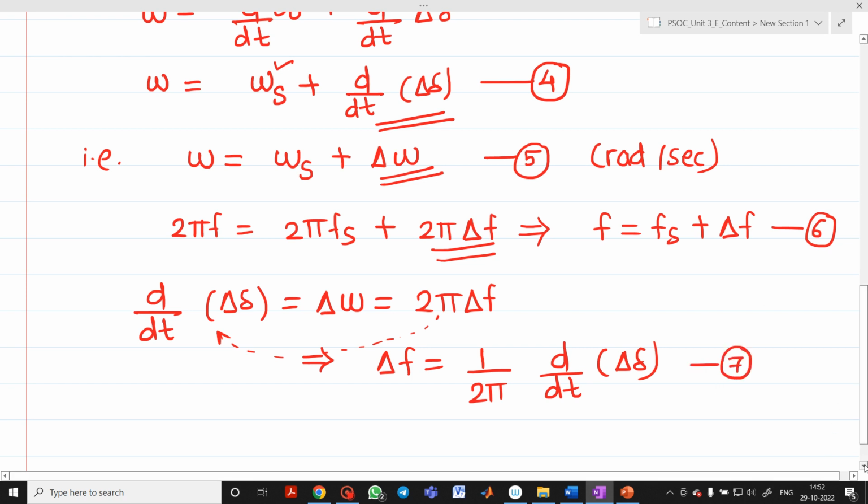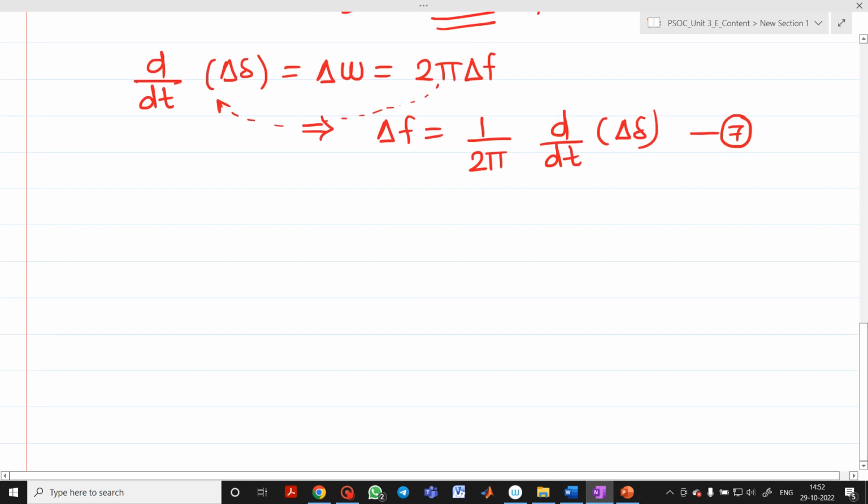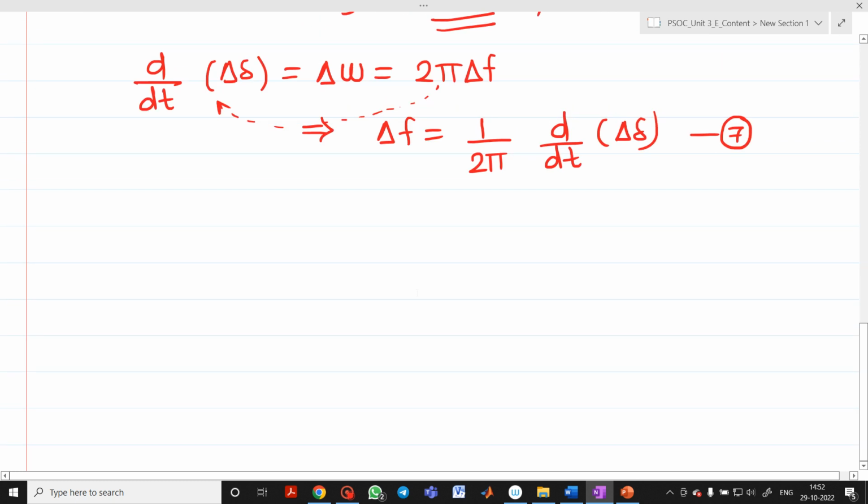Now here we are talking about a generator load model, meaning basically we want to have an expression in terms of power. So before that I have to take an expression for the kinetic energy stored, and from that expression of kinetic energy only we will be able to find out what is the equation of power.